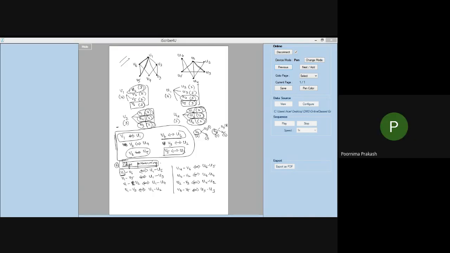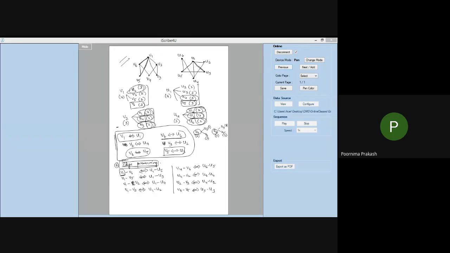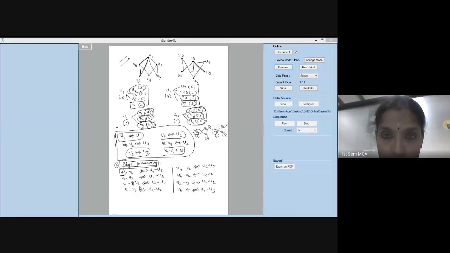Ma'am, can we take below? V1 to V5, U1 to U4? U1 to U4. That means in the previous step, have you made your V5 equivalent, have you taken it as U4?